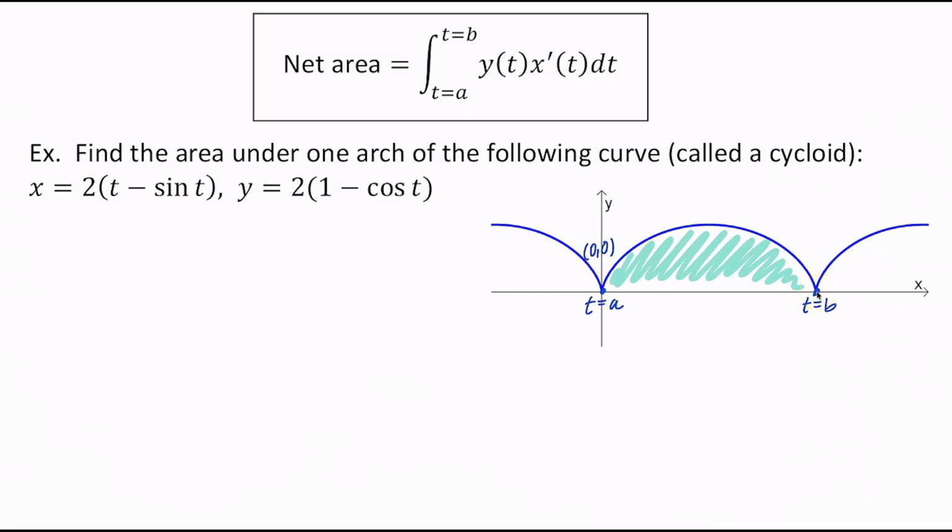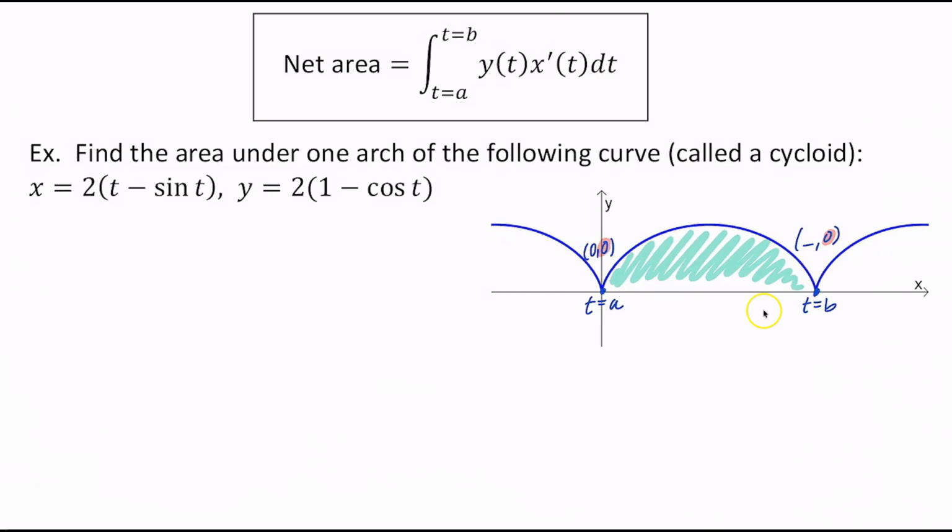At this coordinate point, I don't know what the x value is, but I do know that the y value is 0 because it's on the x-axis. And that's going to be key to finding t equals a and t equals b: the y coordinate is going to have to be 0 when the cycloid touches the x-axis.